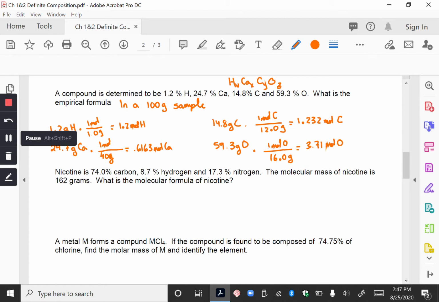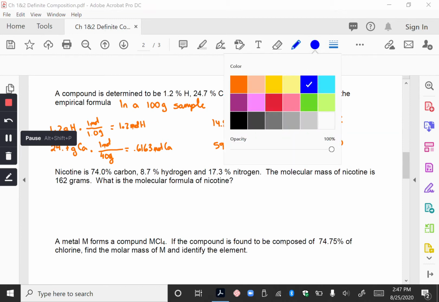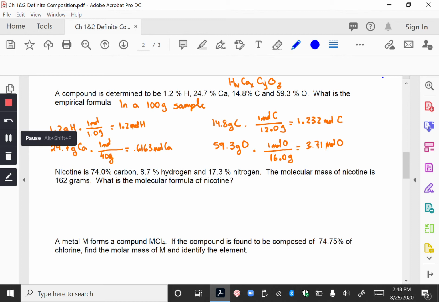And .71 moles of oxygen. Again, if you can look at these numbers and be able to tell what the ratio is, that's great. If not, then divide by the lowest number. So I'm going to go ahead and divide by the lowest number, which is 0.616. So this gives you 1. This gives you 2, this gives you 2, and this gives you pretty close to 6.